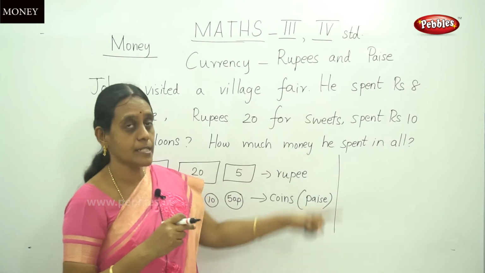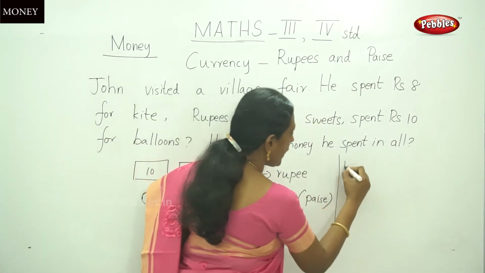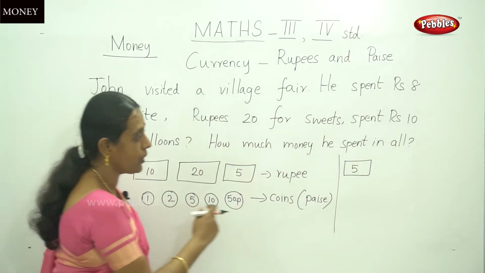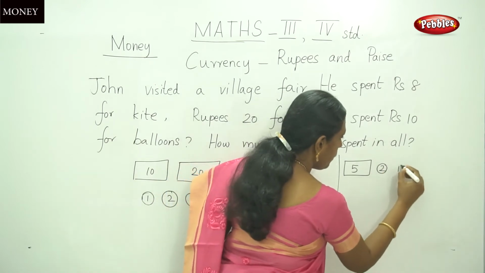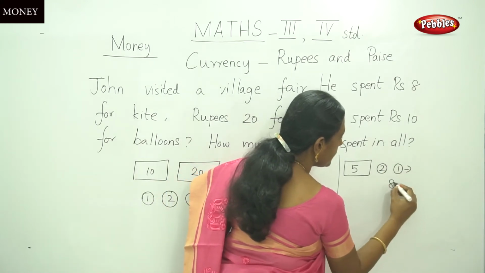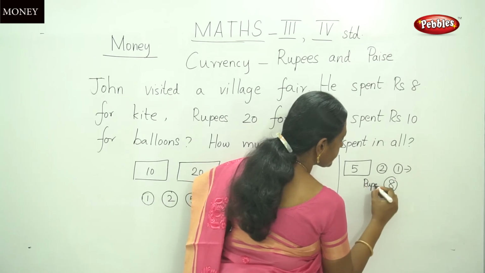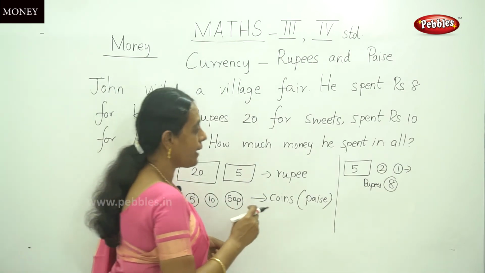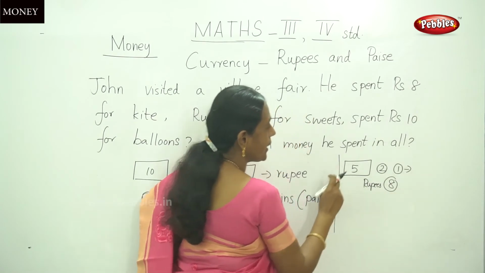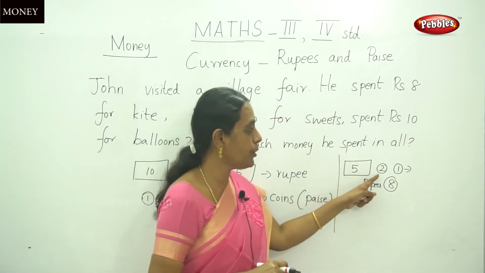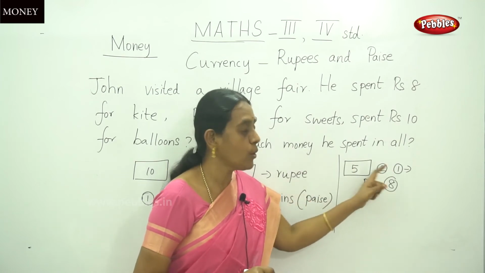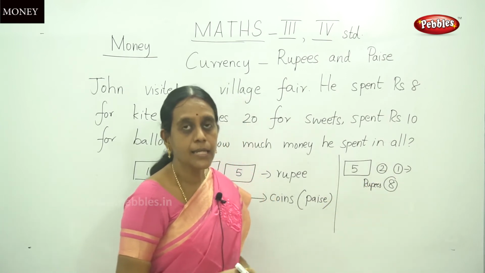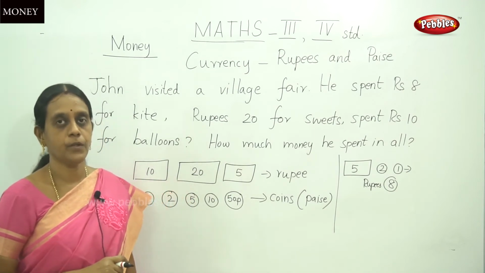For rupees 8, he gave a 5 rupee note, a 2 rupee coin and a 1 rupee coin. 5 plus 2 is 7, and 7 plus 1 is 8. So he spent rupees 8 for the kite. Do you understand?